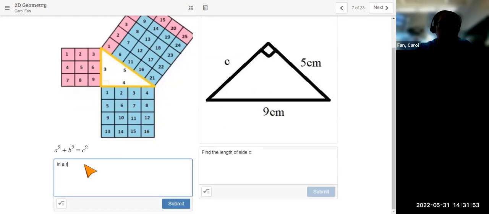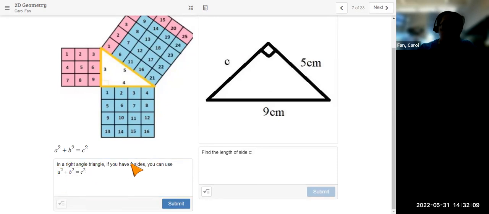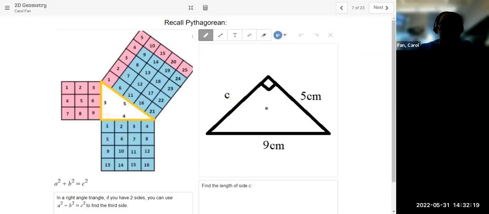In a right angle triangle, if you have 2 sides, you can use a squared plus b squared is equal to c squared to find the third side. Now, just a quick note is that A and B are always sides that touch the 90-degree angle.